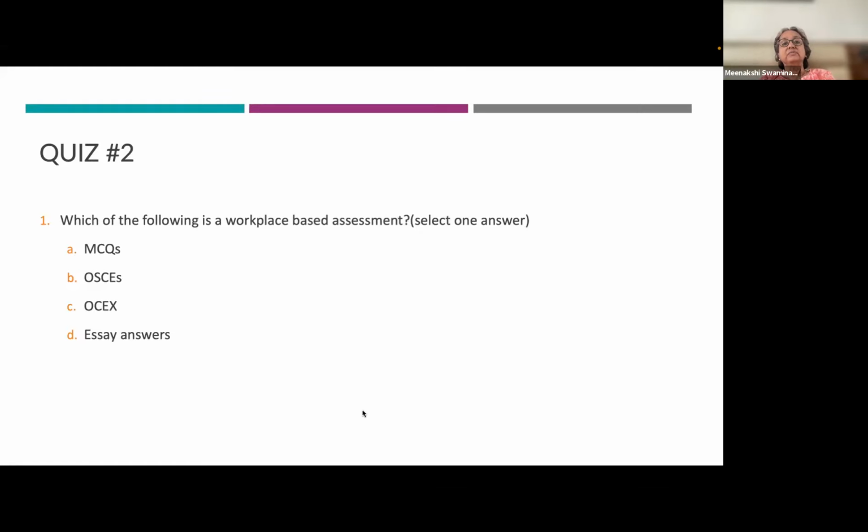Select one answer: MCQs, OSCEs, OCEX, essay answers. Okay, answers are coming in. And you may stop the poll, Eduardo, at any time, because I can't see the answers.